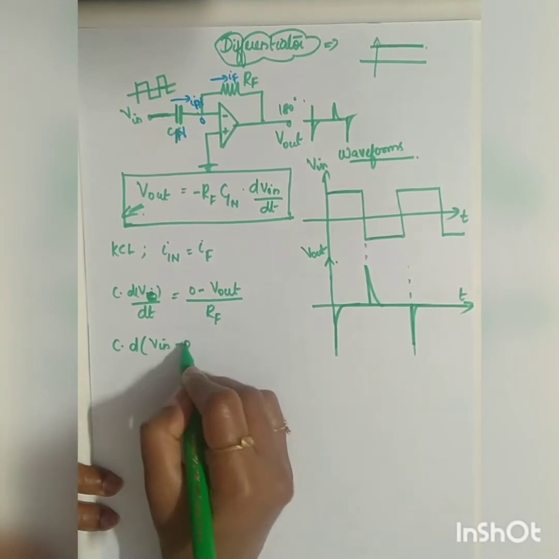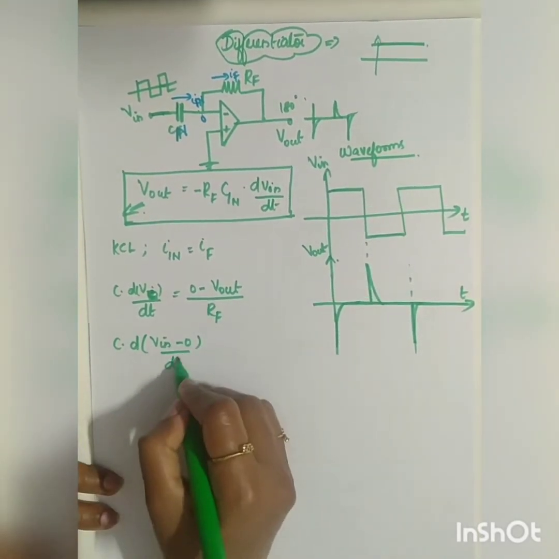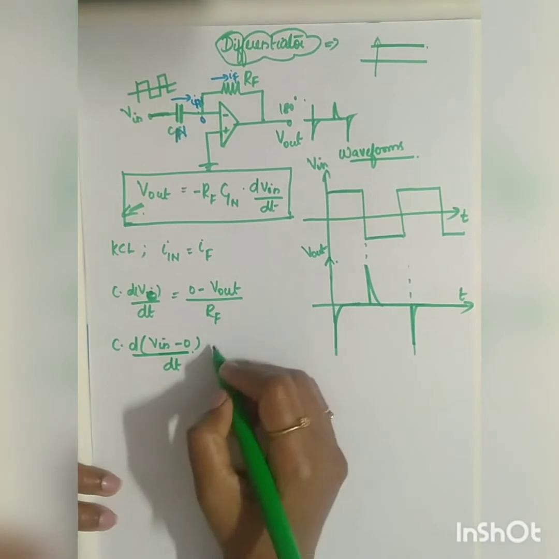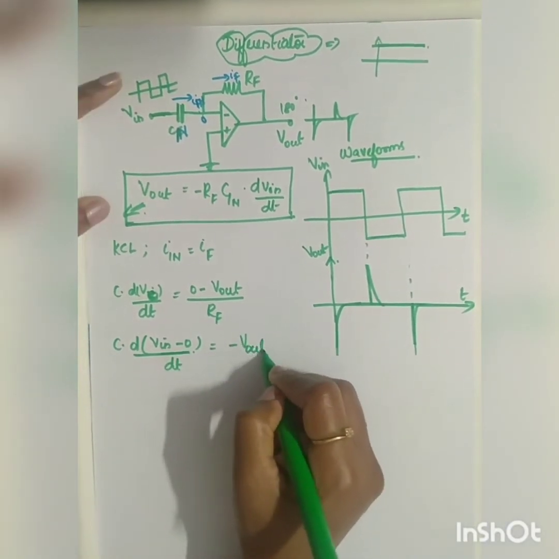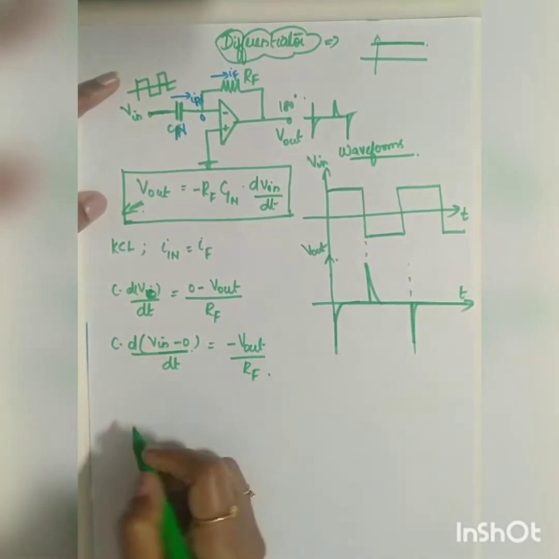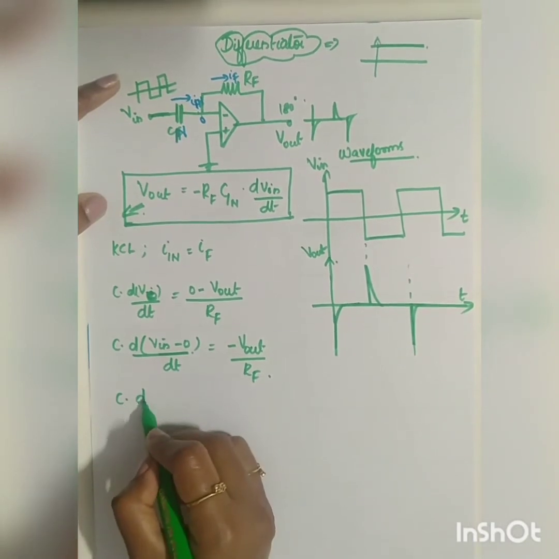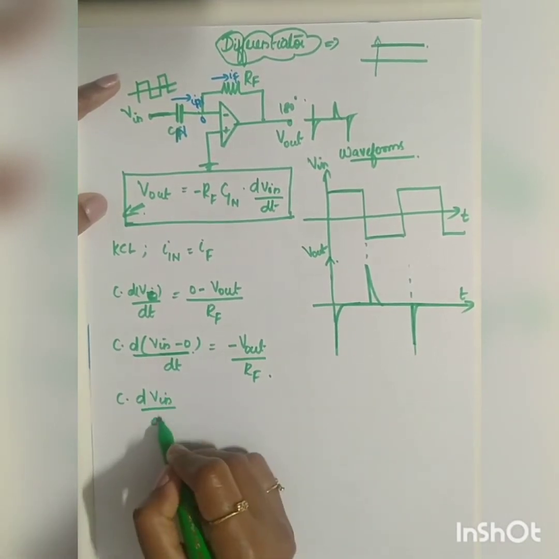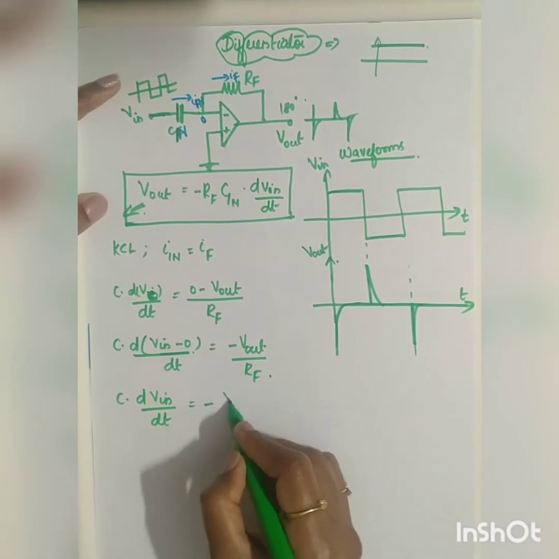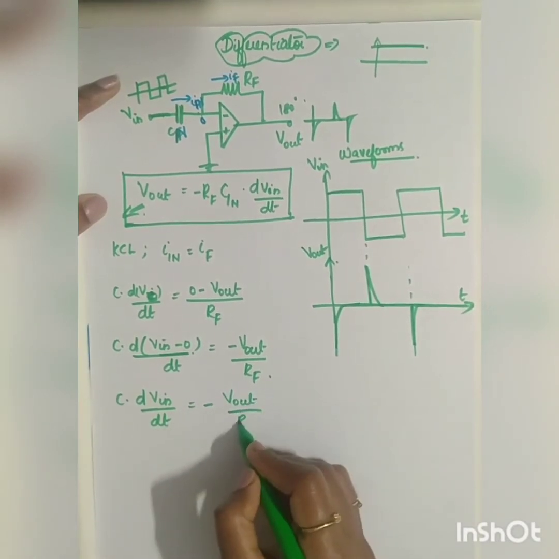So C into d(V in minus 0) divided by dt is equal to minus V out divided by RF. So we get C into dV in divided by dt equal to minus V out divided by RF.